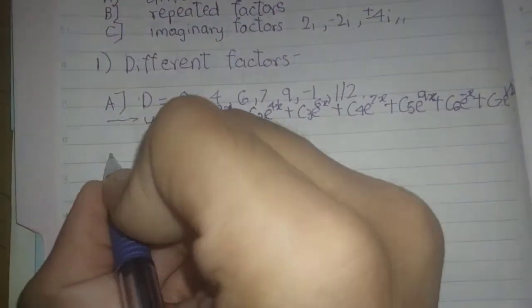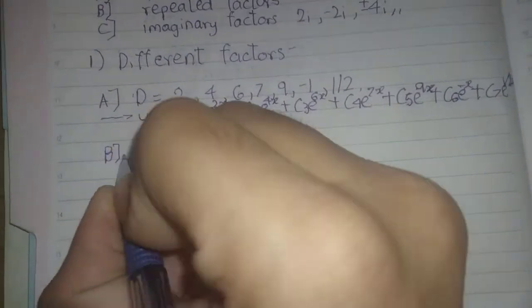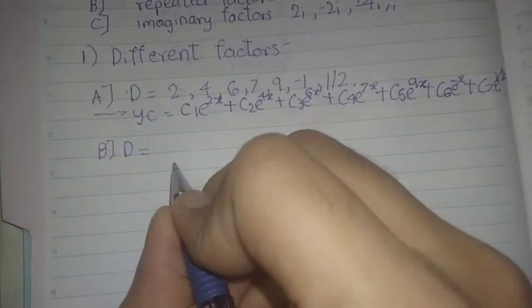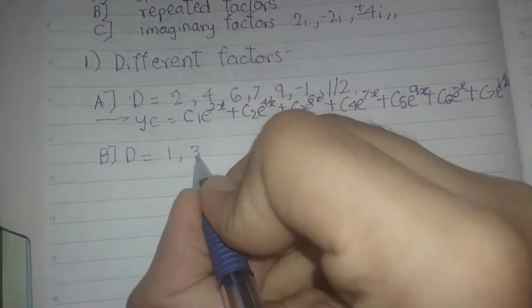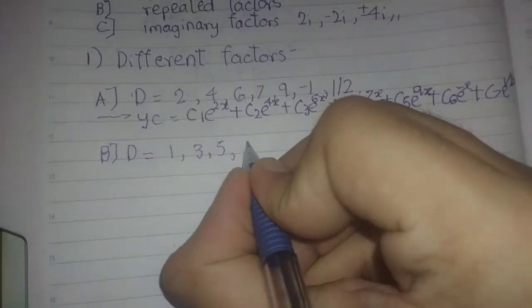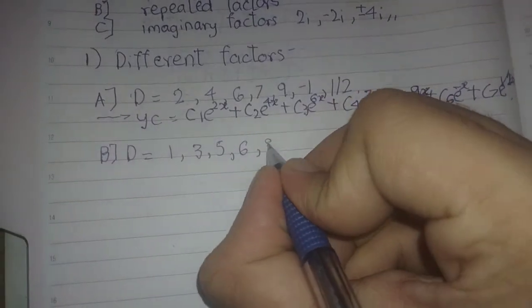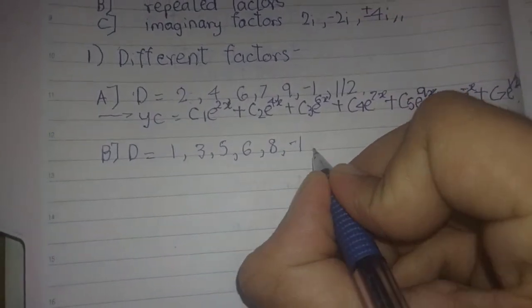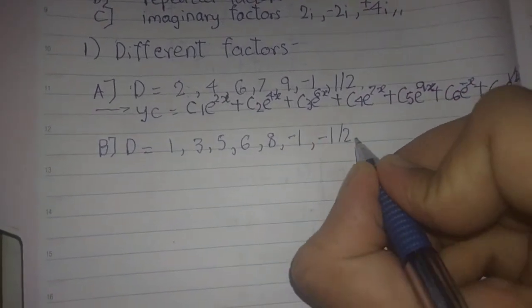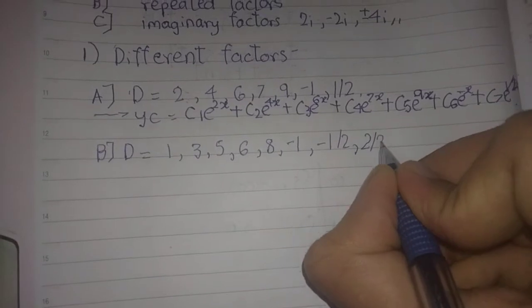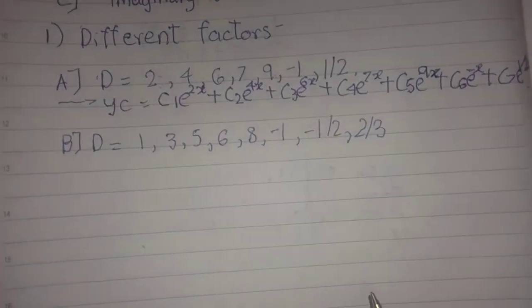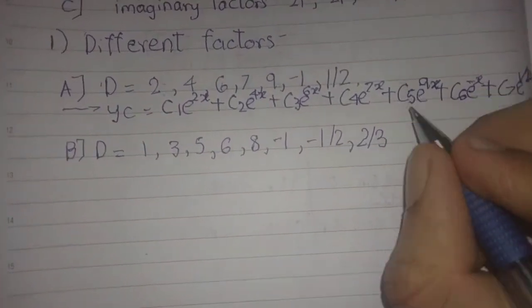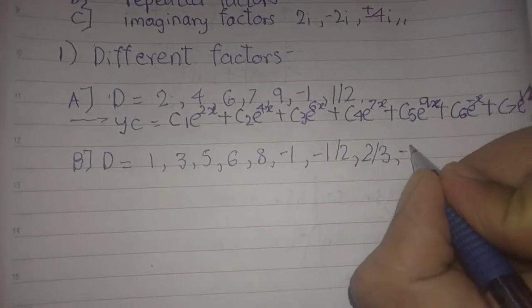We can also understand by solving another sum, like D is equal to 1, 3, 5, 6, 8, minus 1, minus 1 by 2, plus 2 by 3, minus 2 by 3.